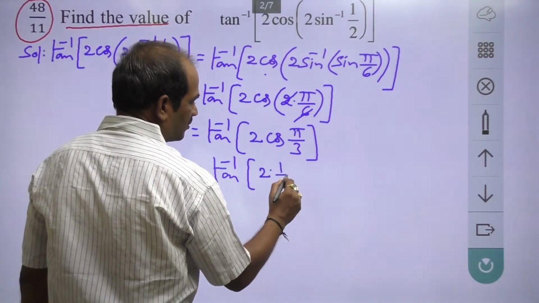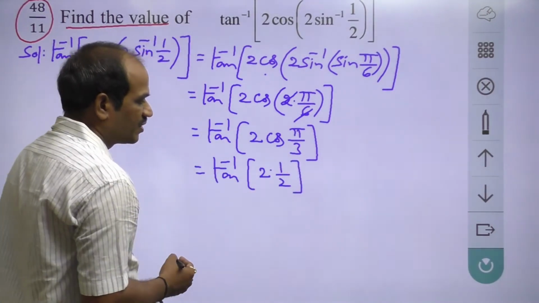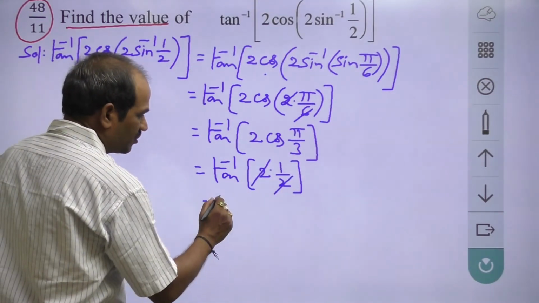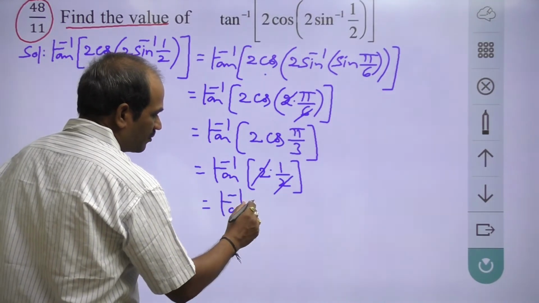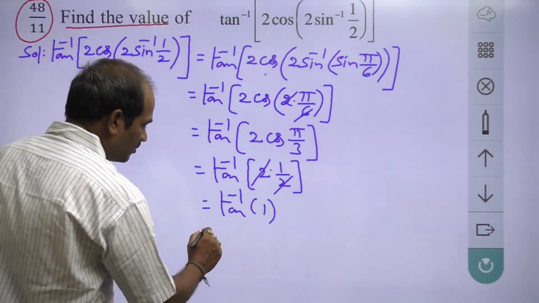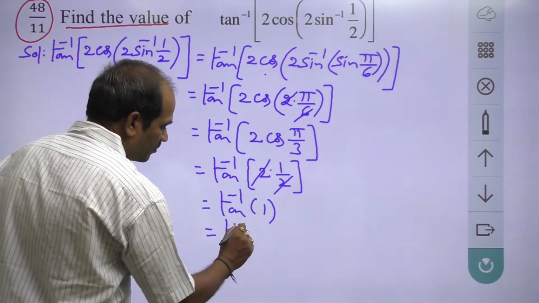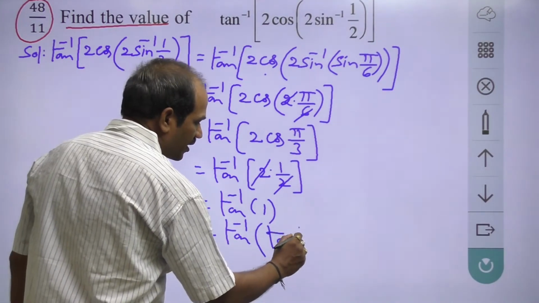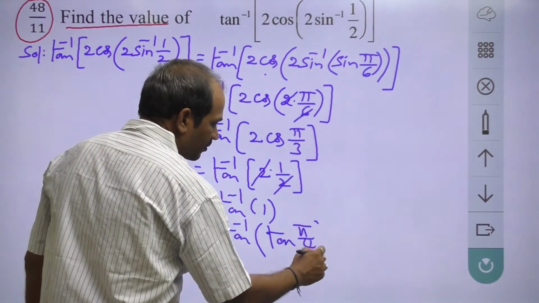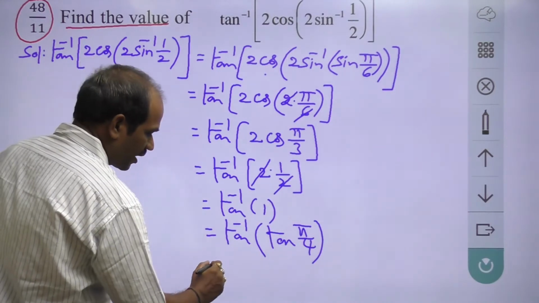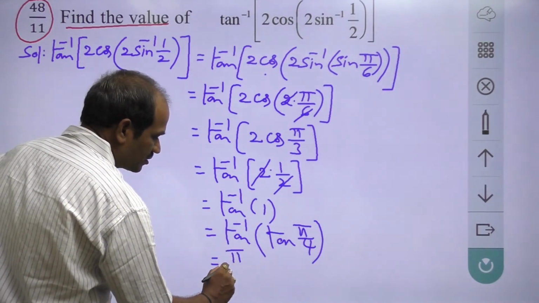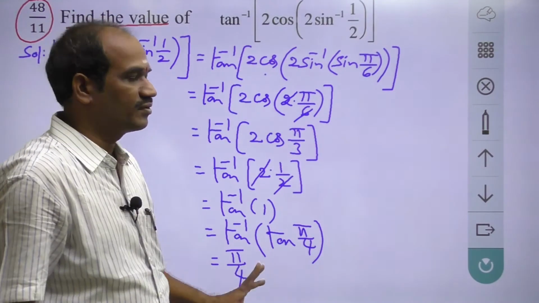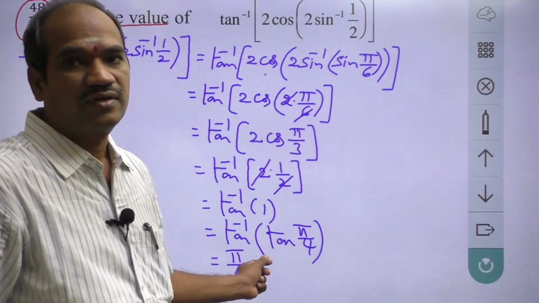So the 2 gets cancelled, and the remaining value is tan inverse of 1. 1 in terms of tan is tan of pi by 4. Tan inverse of tan theta is theta, that is pi by 4, the answer. This total value is pi by 4. Write this question, and practice one time.